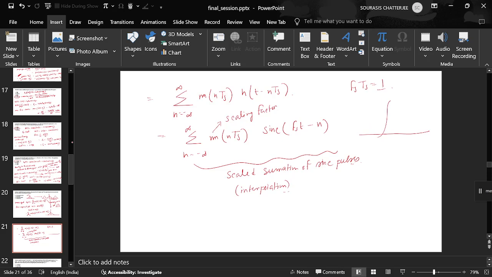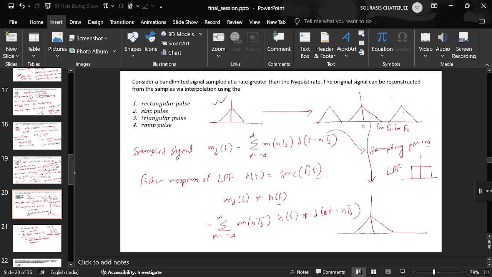So let's say this is the sinc pulse at n is equal to 0. This one is the sinc pulse at n is equal to 1. This is the sinc pulse at n is equal to minus 1, and so on.